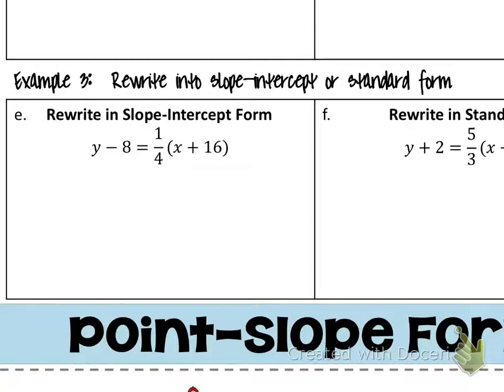Okay, example E, rewrite in slope-intercept form. So this equation is already in point-slope form. We're going to write it in slope-intercept form, which is y equals mx plus b. So I have parentheses here. Whenever you see parentheses, your mind should automatically think distribute.